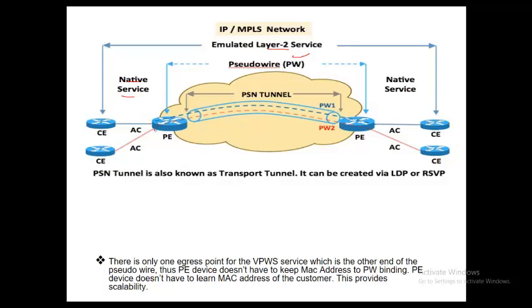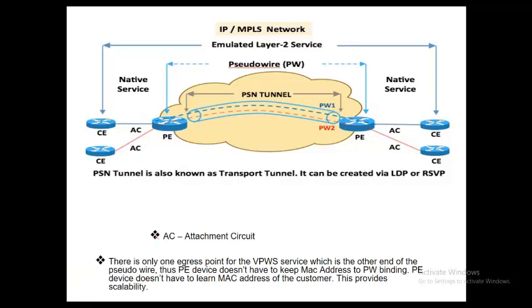What does AC mean? Here it means attachment circuit. So we have two circuits attached from different customers, blue and red. Blue talks to blue and red talks to red, because they are marked with different labels.